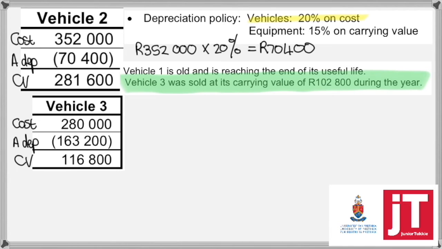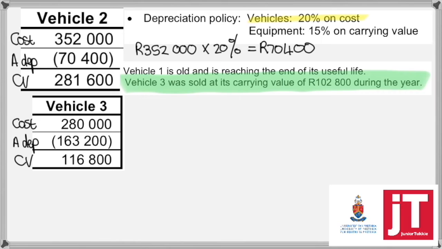Looking now at vehicle number 3. They provided us with the cost, accumulated depreciation, and the carrying value in the beginning. And then they said to us, vehicle number 3 was sold at its carrying value of 102,800 during the year. So, how do we approach this?